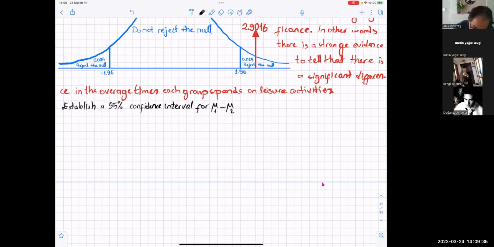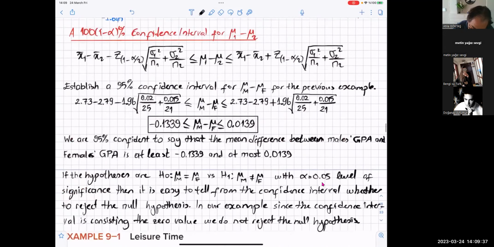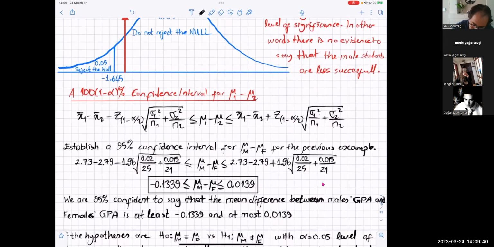So it's easy to do that. Let me bring you the confidence interval right here.